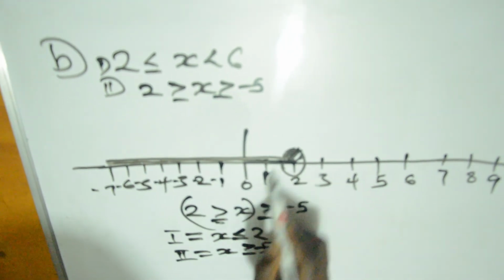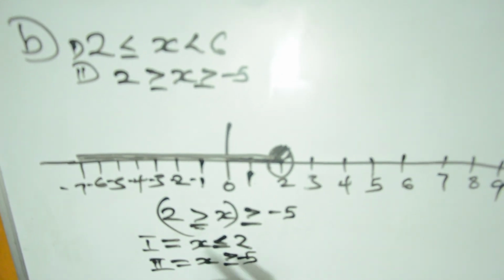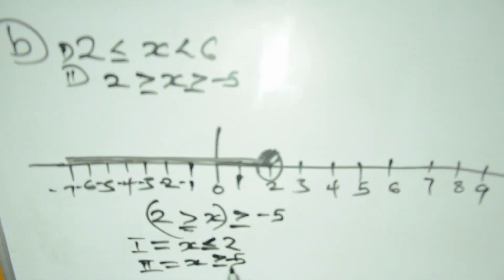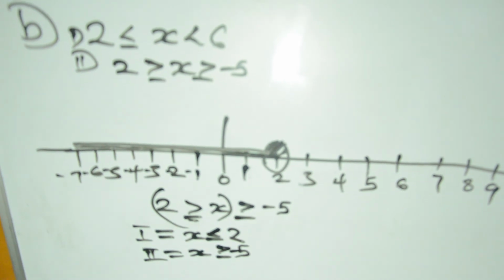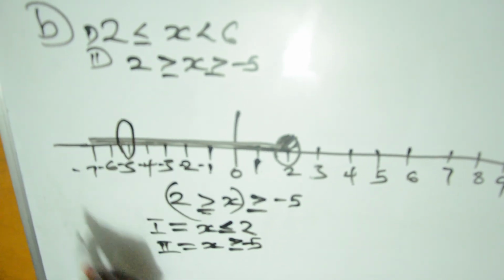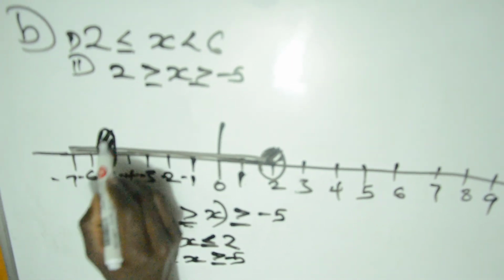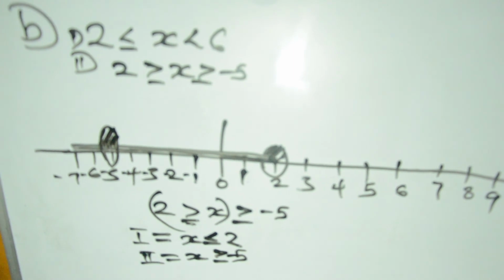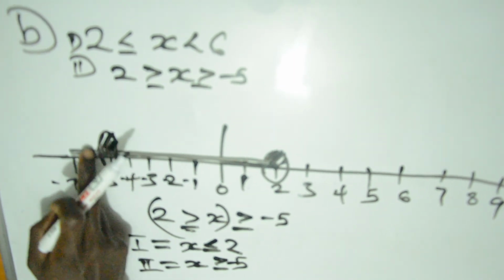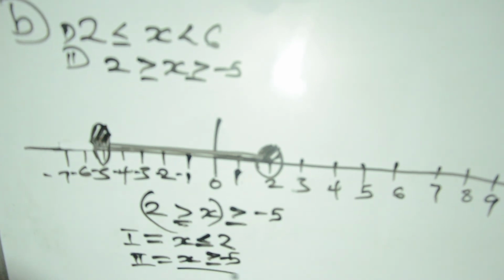But the second inequality is going to filter this, because it says x is greater than or equals to -5. You come to where x is -5. Where is it? Here. And because they've said it is equals to, you shade inside. Are you together? So this number -6 is not included now. It has been filtered by the second inequality.